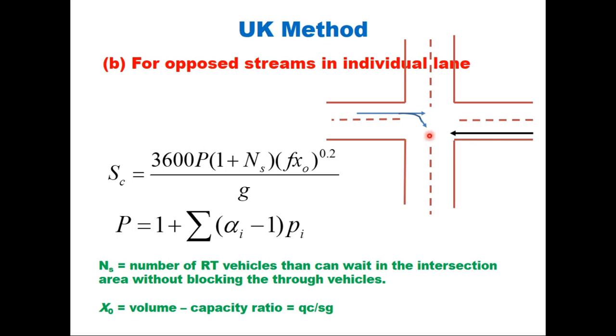I told you these vehicles will stay here till the queue from opposing stream has exhausted. So they should not block the through traffic in this lane. So how many storage spaces are available? That is NS. And X0 is the volume capacity ratio. That is S into G upon Q into C.